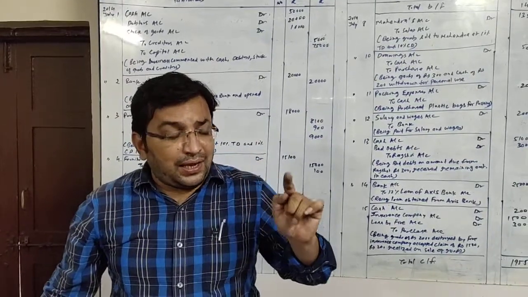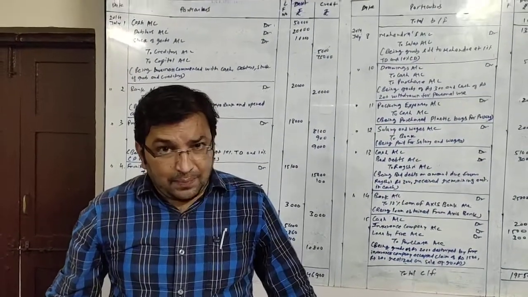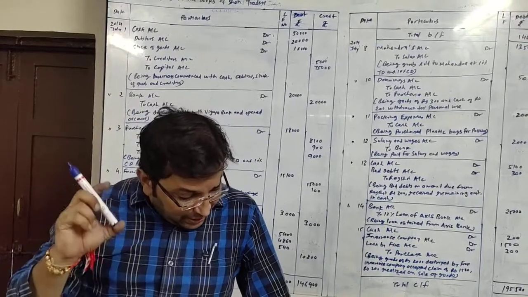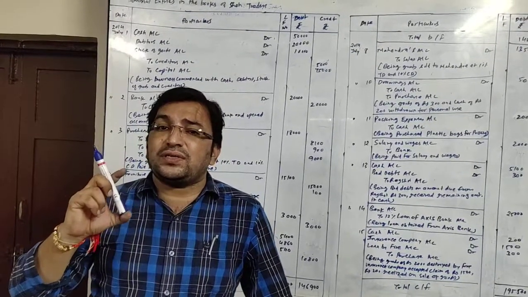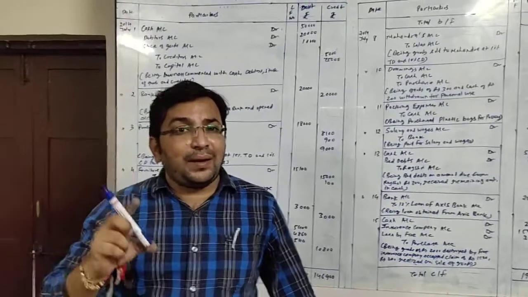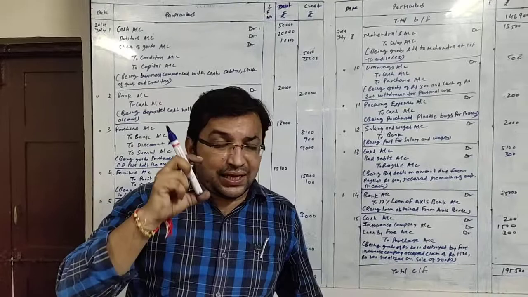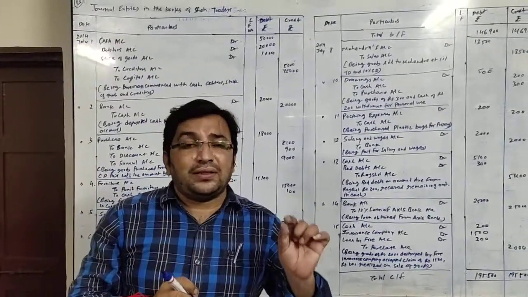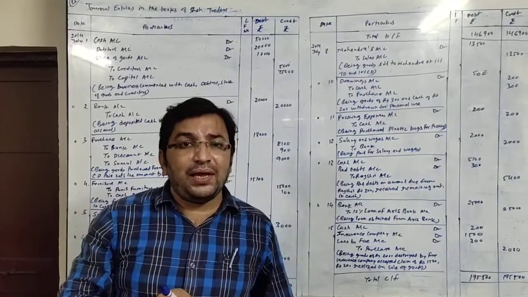Here he is bringing cash of rupees 50,000 plus debtors of rupees 20,000, so 70,000, and stock of goods of rupees 10,000, so 80,000. Against that, he is also bringing one liability which is creditor 5,000, so 80,000 minus 5,000, the remaining 75,000 will be capital.